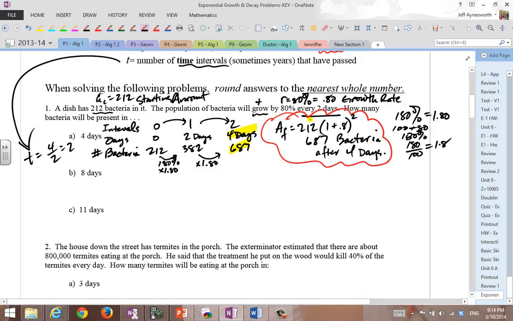Well, we know that it increases 80% every 2 days. So T, in this case, is going to be 8 divided by 2, or 4 time periods or intervals that have passed. I'd have to do this 2 more times to get to 8 days, but I don't want to do that. I want to be smart about it. So I take the future amount, and in this case, it's going to be the initial amount times 1.8, the growth rate again.